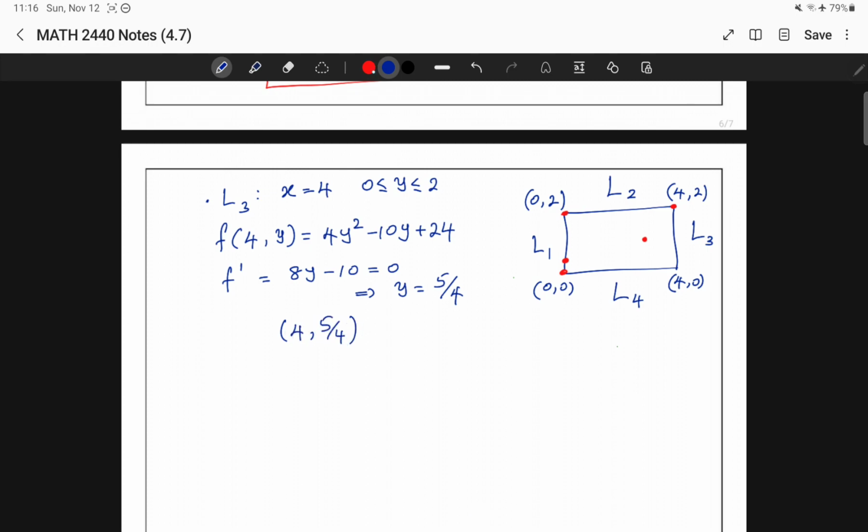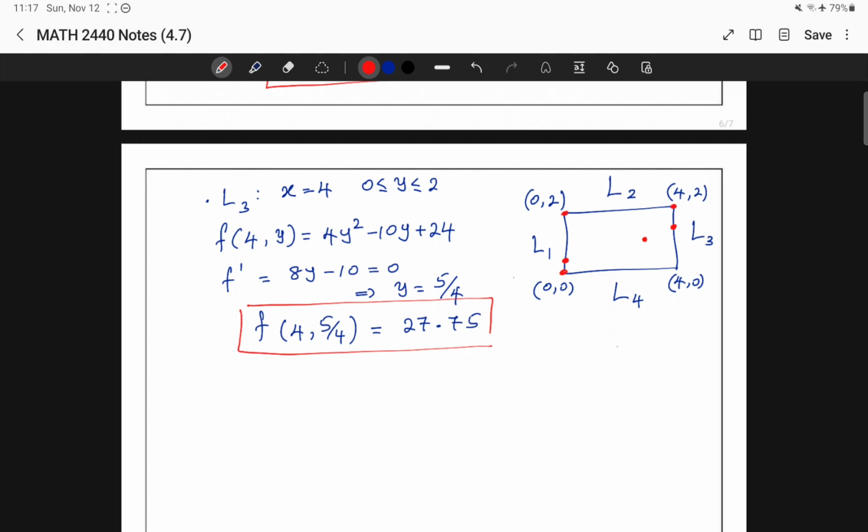The x value is 4. 5 over 4 is a little bit more than 1, so somewhere here. The function value, you can calculate it, you should get 27.75. Right, so we are done with L3.